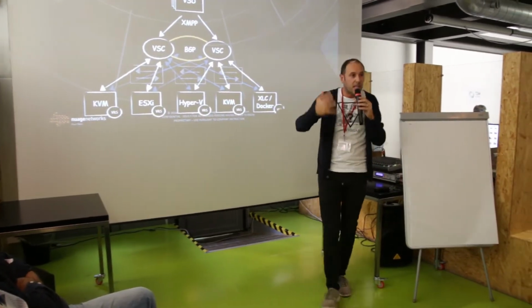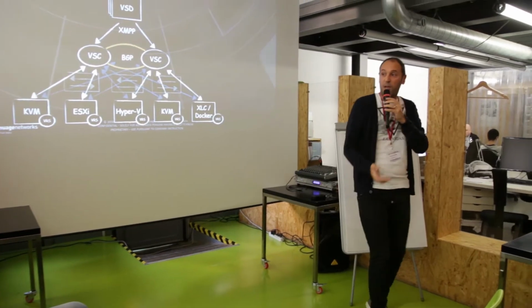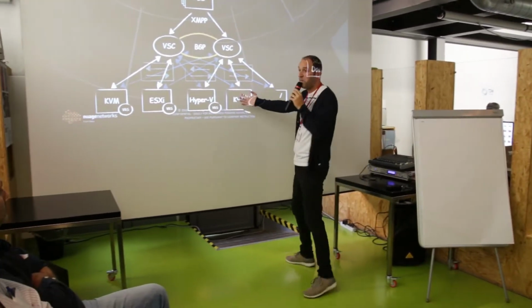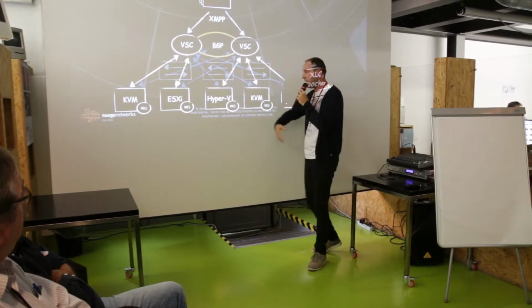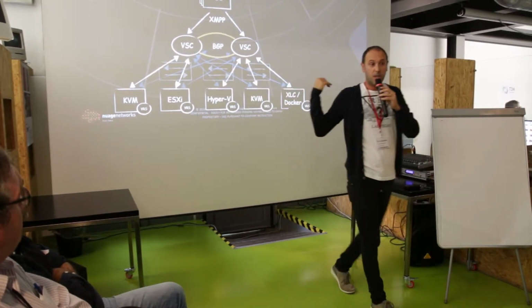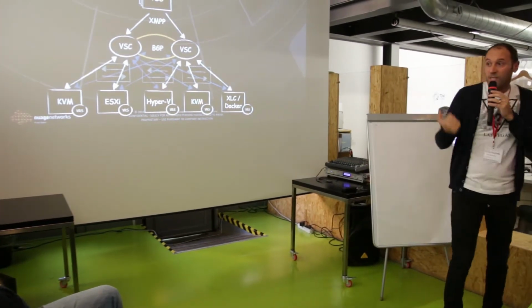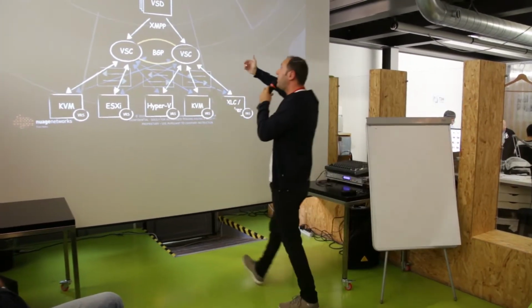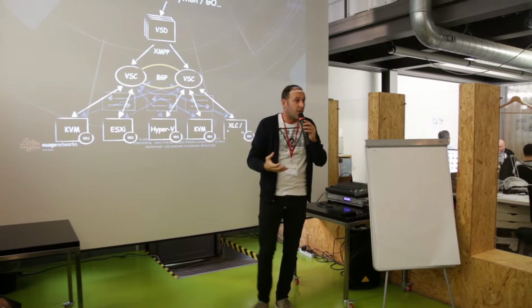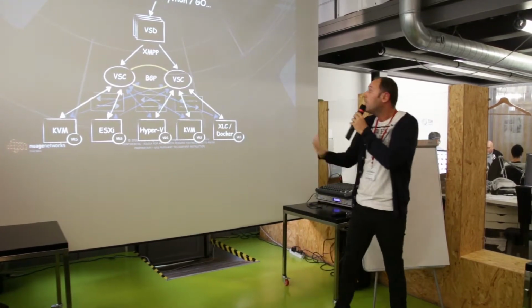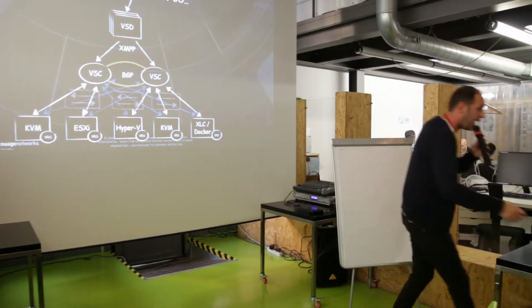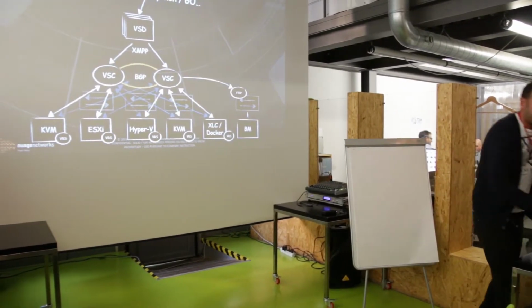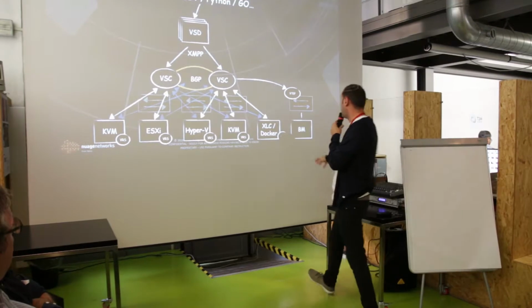So if you are thinking to create an application where you have the front end based on KVM, but the back end or the database is containers or a Hyper-V environment, you can easily do it with this. Because I create all my information in the VSD, and then I can consume this information using OpenStack or one of these. Another thing that I can integrate is a bare metal server. This is a server.